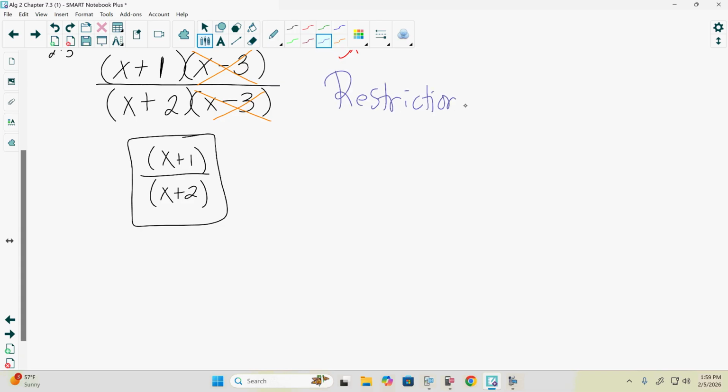We can talk about the restrictions, but again, for pretty much the rest of even this section, we're not going to talk about it too much, especially with some of our multiplication. We'll talk about it a little bit with the non-monomials. We want to get rid of anything that would cause a division by 0.